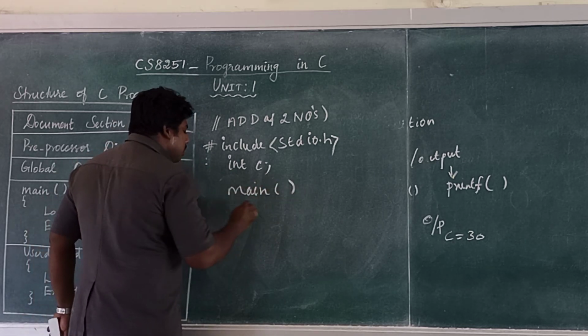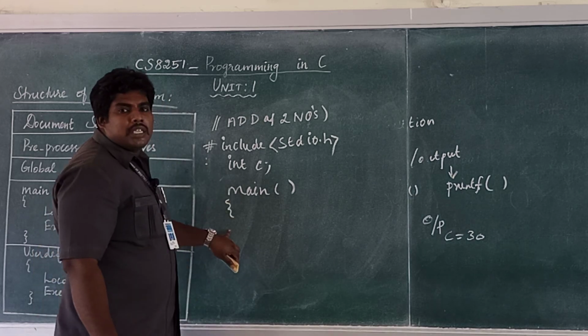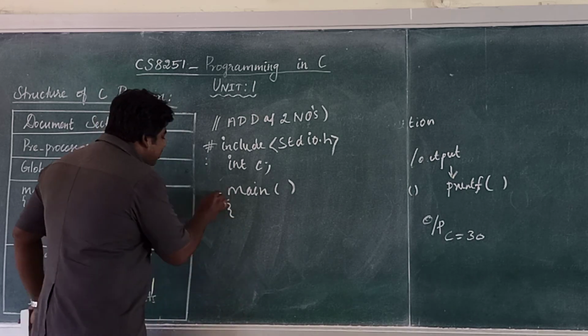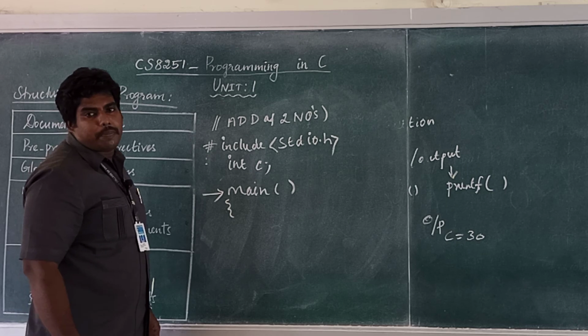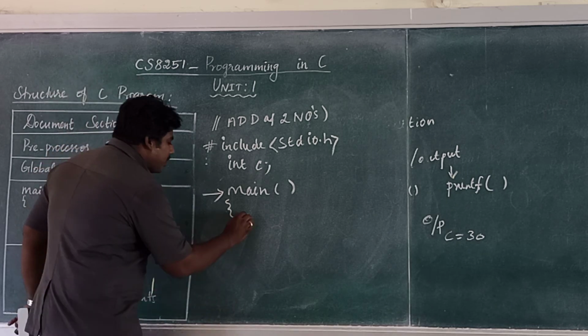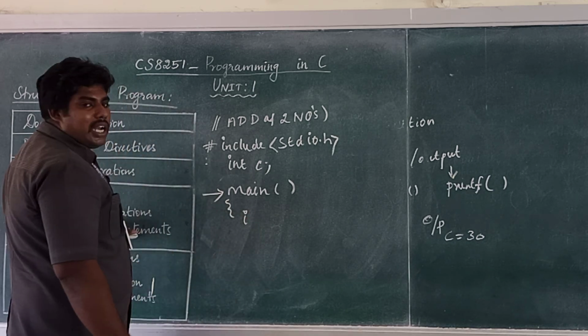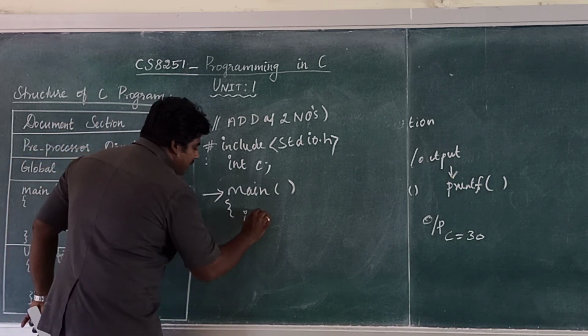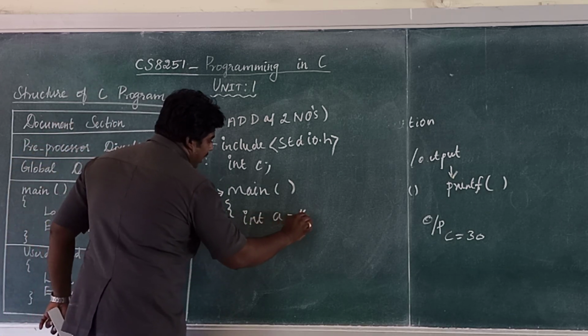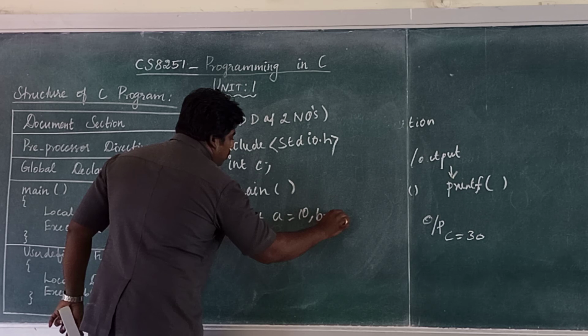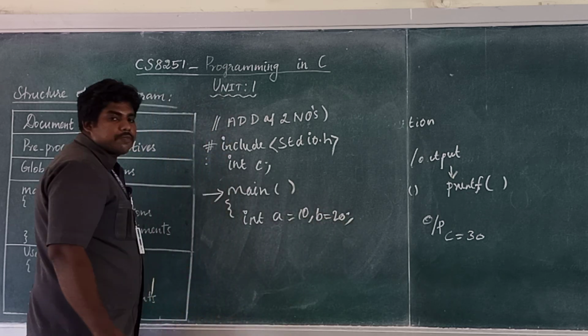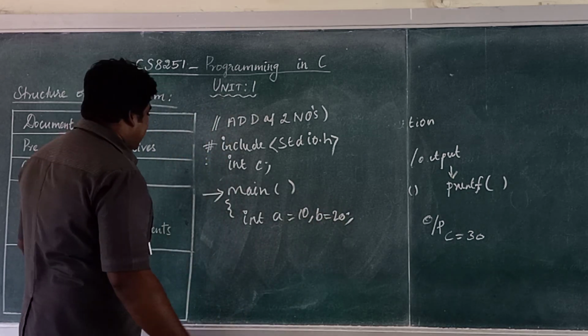Main, then after the main you have to put a curly brace. Main is always the starting position of the program. Here I am declaring two variables. What is next? Local declaration, right? So int a equal to 10, comma b equal to 20. Then executable statements.